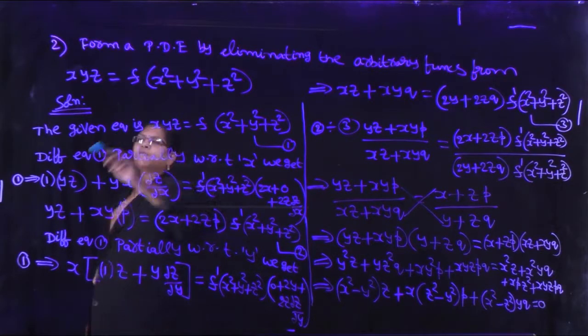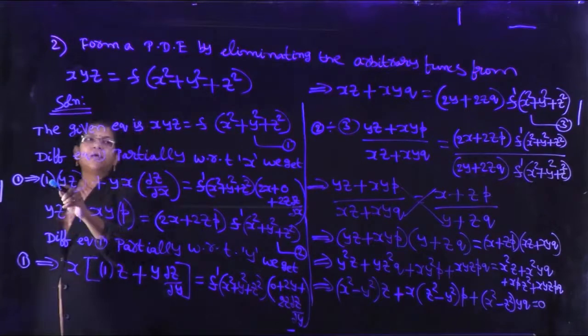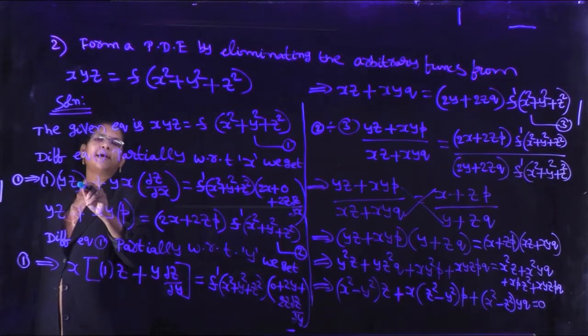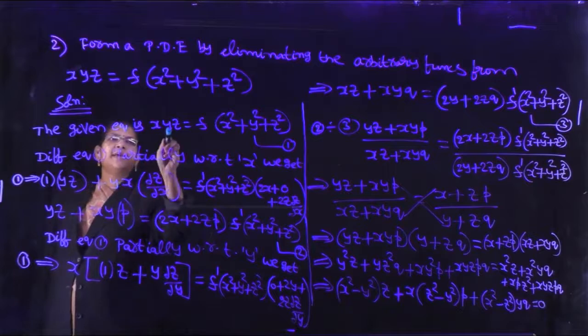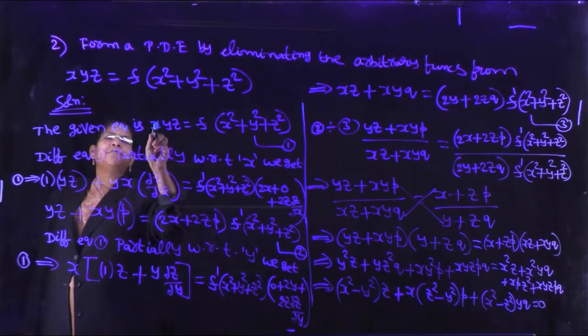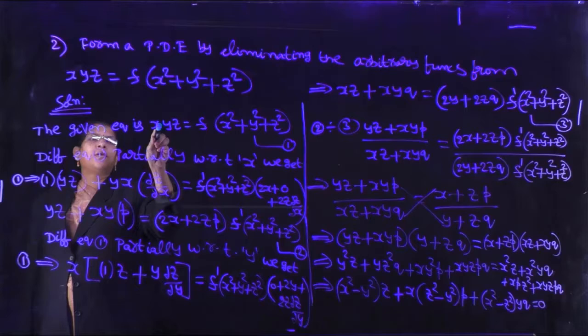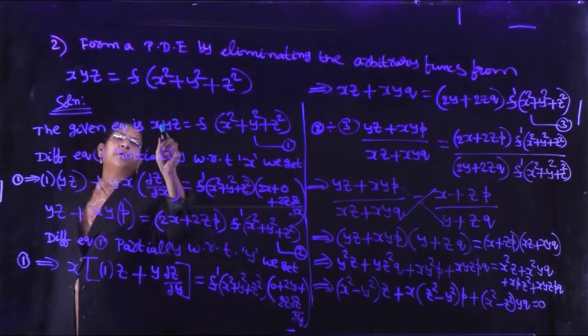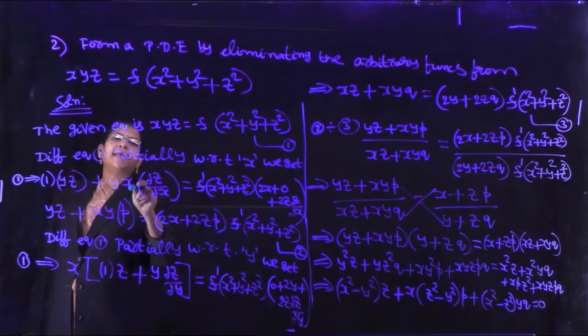From equation 1, what will you get? For x, the derivative is 1 into y, a constant, into z, plus we differentiate with respect to x using the UV rule. First for x, the derivative is 1 into yz, plus now you write x aside, y is a constant, you write y also aside.